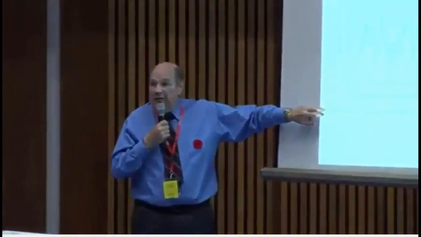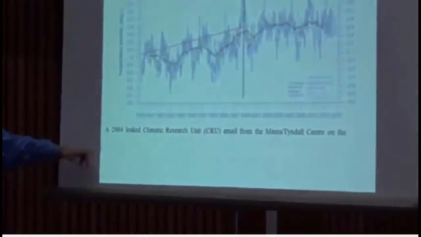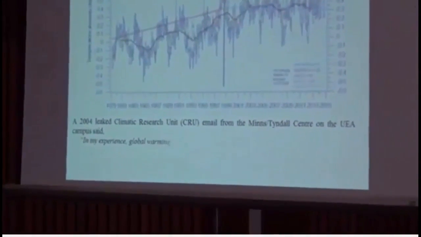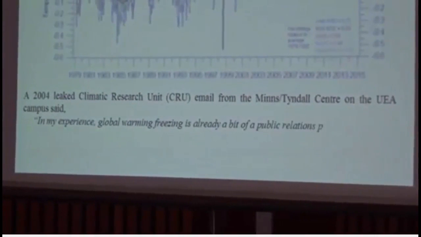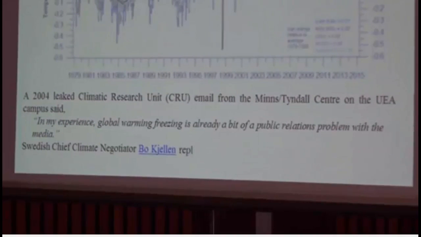And that was deliberate, because if you click again, you'll see here, this is a 2004 leaked email from the ClimateGate emails, from Minns at the Tyndall Center. He said, in my experience, global warming is already a bit of a public relations problem. So already the public are starting, because we had a few cold winters, to say, where's that global warming you promised us?